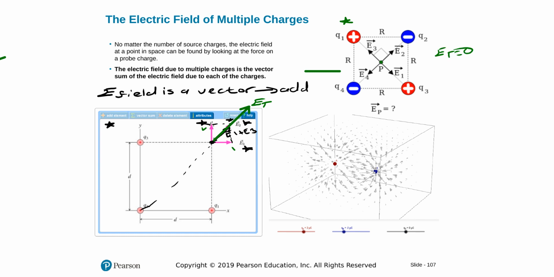Because the same amount of charges, same distances will apply the same electric fields. Let's look at plus, plus. E1 away, this direction, equal to E3, cancels. Let's use lines here to make a better job.